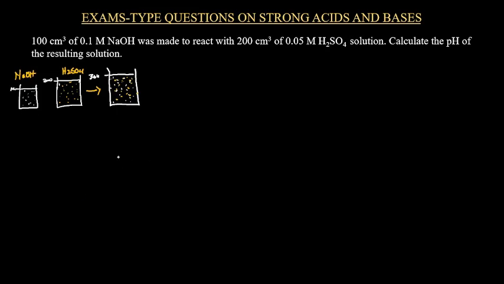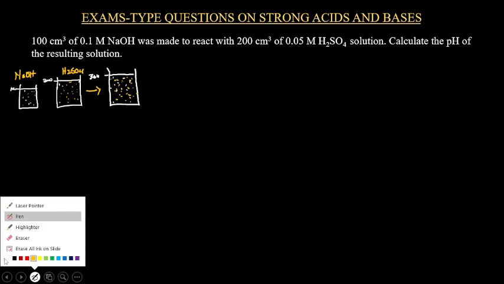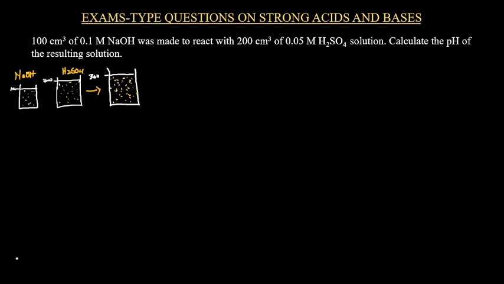Now we would have to find the mole of the two. First, we need to find the mole of the base, which has a volume of 100 cm cube and a molarity of 0.1 molar.